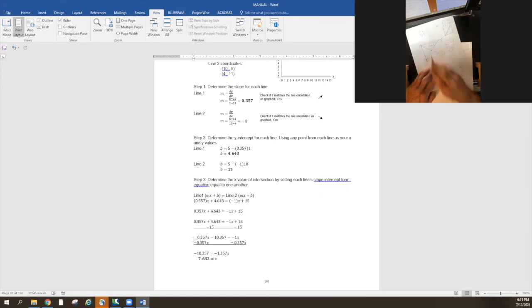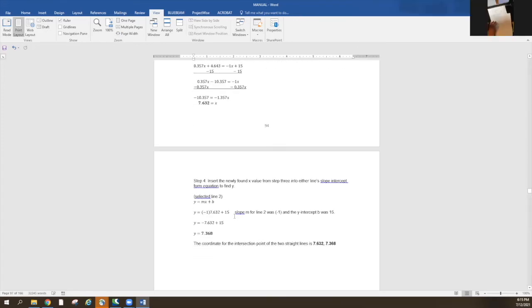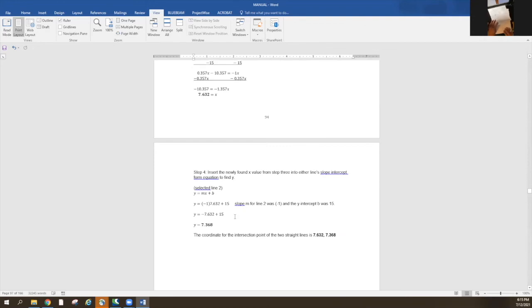Now I've got to solve for y. I have my x, I need my y. So the way you do that is you pick your slope-intercept form again, Y equals mx plus b, and plug in my x value.